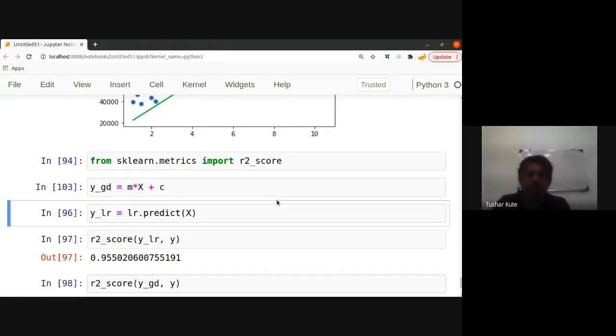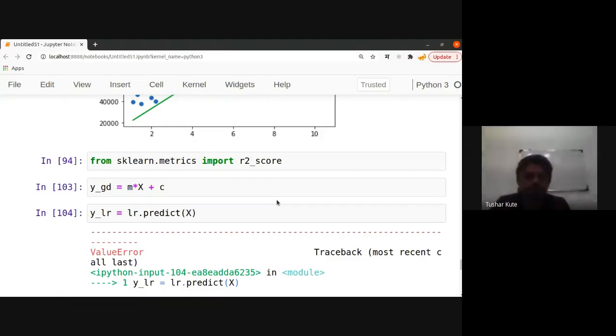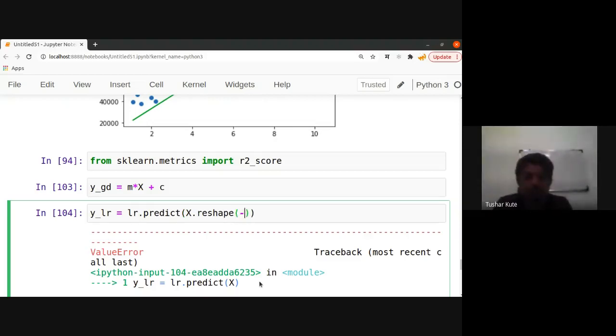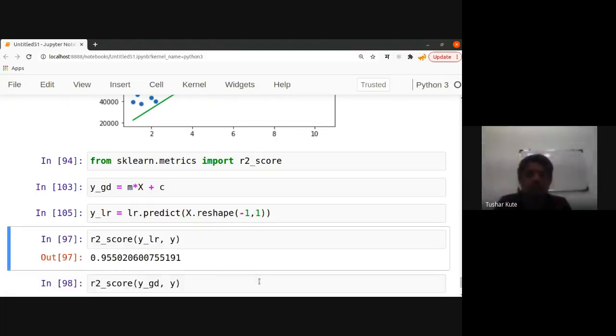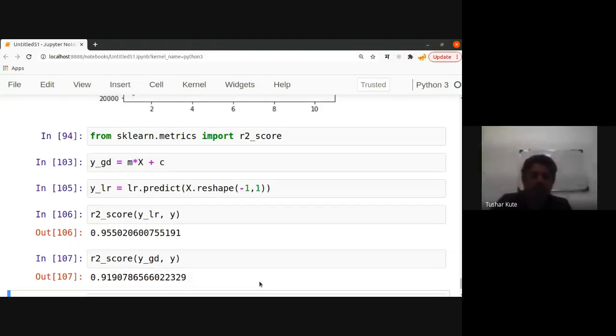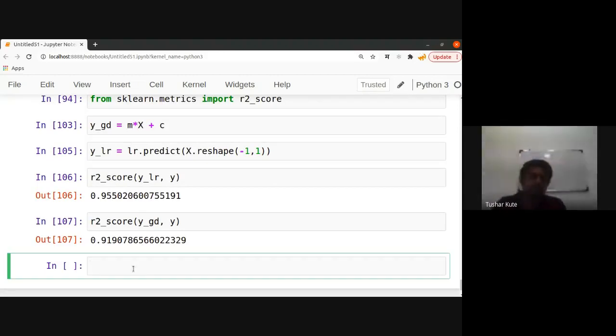I'll show the difference between both. Still no differences are there. Maximum learning is possible till this 91.90% with gradient descent. Maybe like that. This is the comparison that we can see.